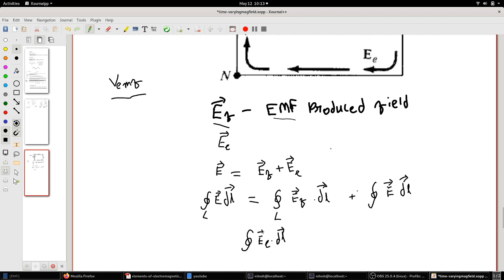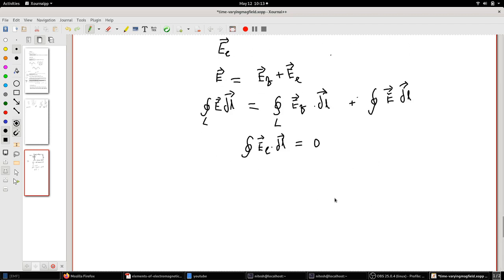What I'll be left with is the electric field over a closed path of this circuit, which will be equal to just the EF, which exists only inside the battery.